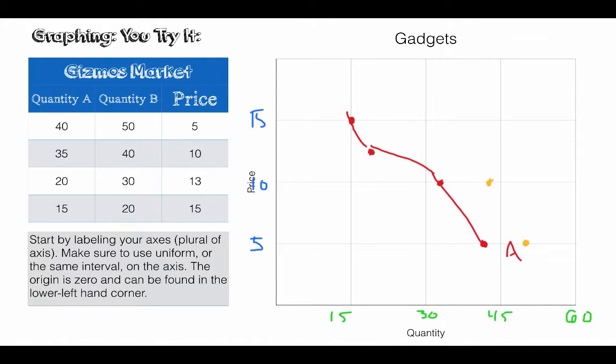It kind of falls on the same line as our other 40. So graphing once can help you set this up appropriately the second time. Back up to a price of 13, and at 13 we've sold 30. And then last but not least, we have 20 at a price of 15. So our quantity is 20 and our price is 15.